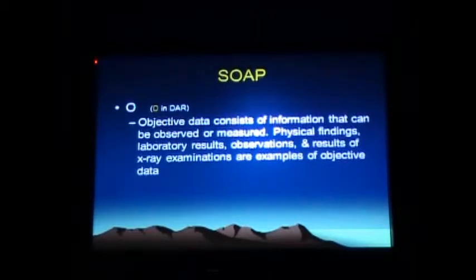But in storybook fashion, what got my attention? The fact that he was unconscious, the fact that he dropped his blood pressure, those happened simultaneously. I just capture that in my little story that there was a change here. And again, that would be equivalent to that data in the DA or DAR format.